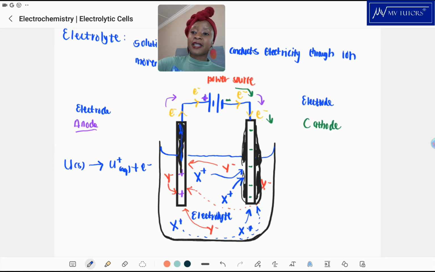But on the cathode side, you have those ions there. Let's just use W. You have those ions there, and they are busy gaining electrons, and as a result, they are reduced to form a solid, and therefore it keeps gaining mass over here. As these X's come here, I should have actually just used X. X gains some electrons, so it becomes reduced.